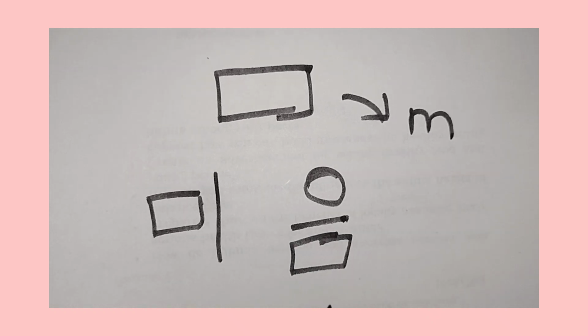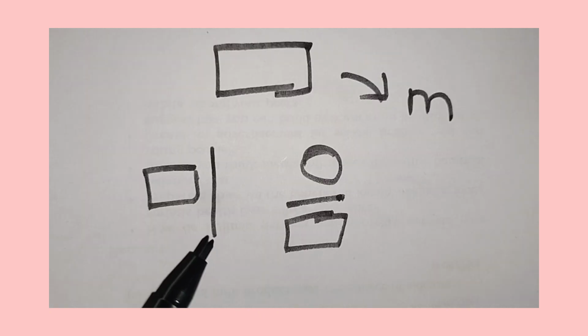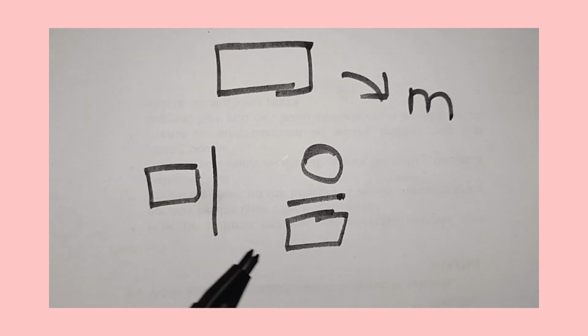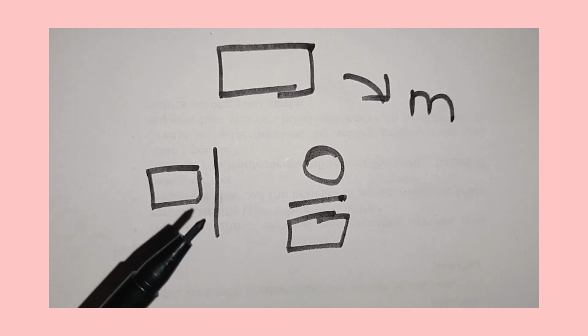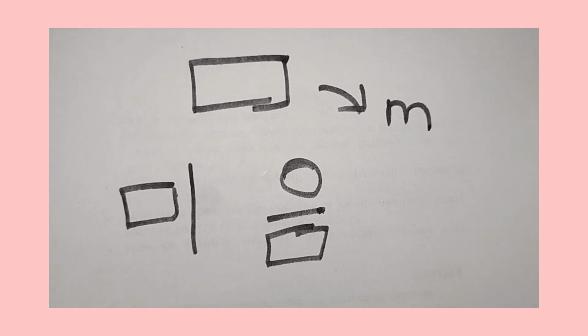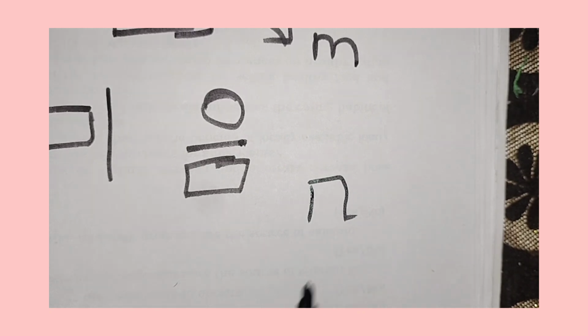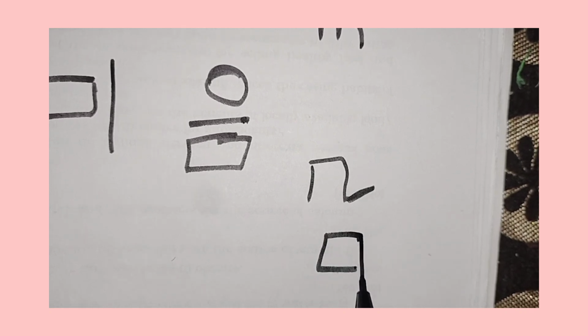Guys, notice that there's a correct stroke order for each consonant, and I am following the order when I write each consonant, so that you learn the right way too. But most Koreans don't follow this order. For example, look here. Some people write mieum like this, and some write it like this.